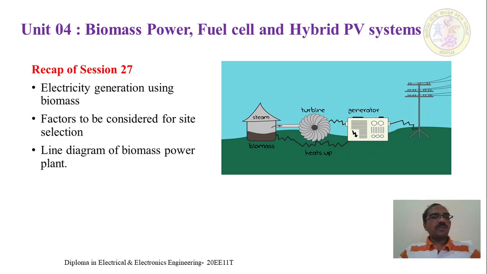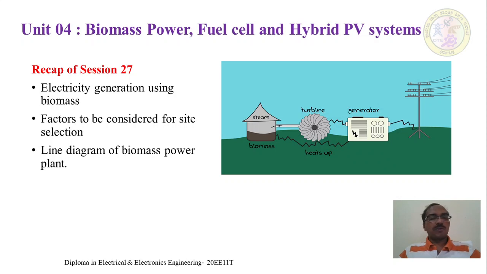And then we have also seen the factors to be considered for site selection. For example, availability of water must be there. It is required in two different categories. One is to produce steam. At the same time, if it is a gas I am going to produce, water is mixed with the cow dung.